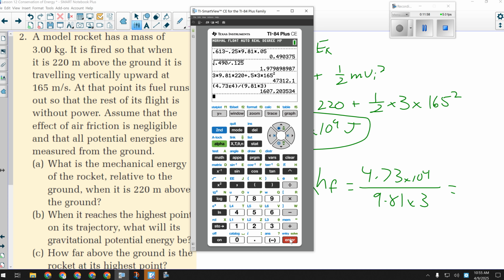It is 1,607 meters, 1 vertical mile above ground level, at its highest point.